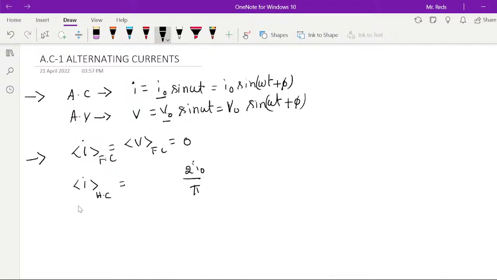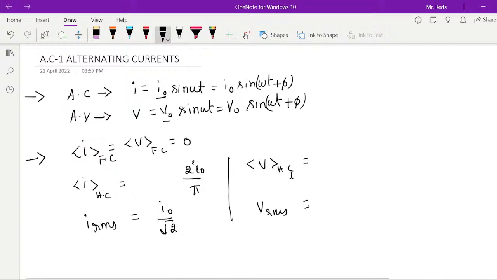Similarly, the RMS value, root mean square value of current, is given by I naught by root 2, where I naught is the peak value. Similarly, the average value of V over half cycle and V RMS we have also discussed.